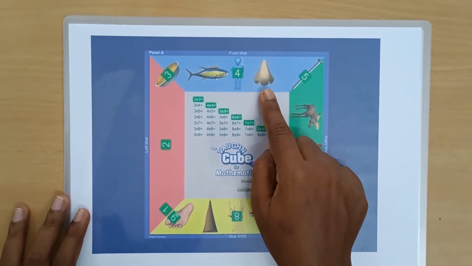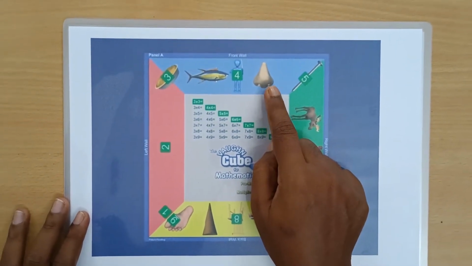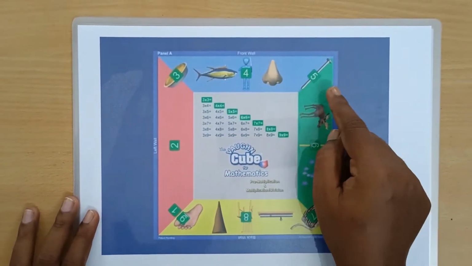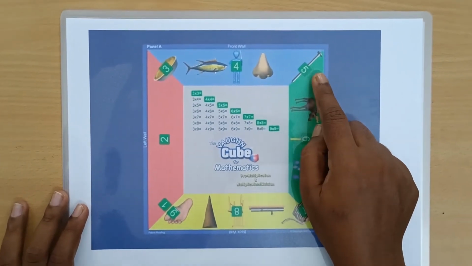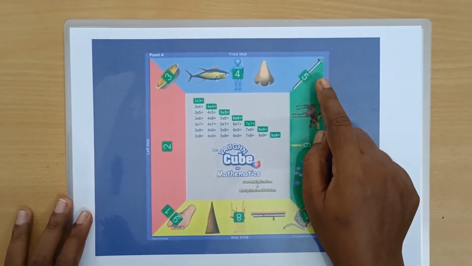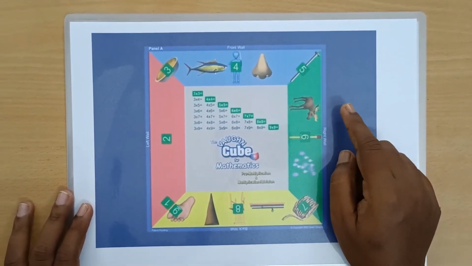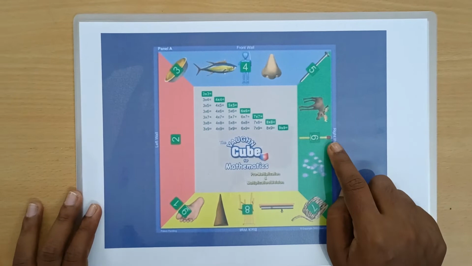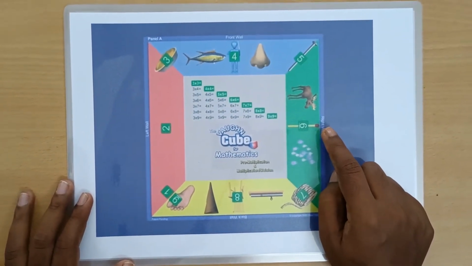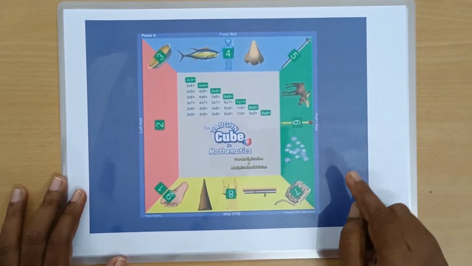Nose, n, z, so that's s. And nail, n, l, nail. Moose, m, s. Match, m, ch, match.